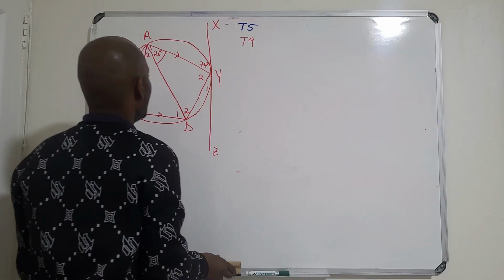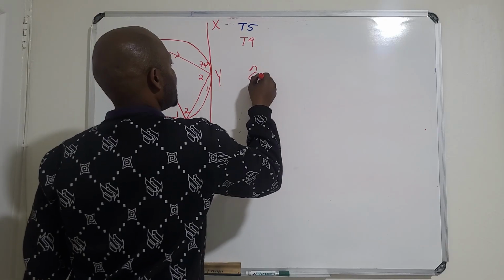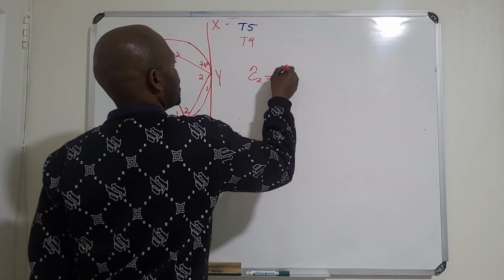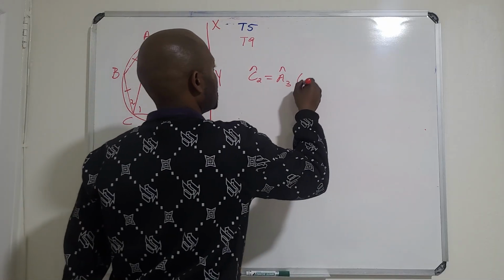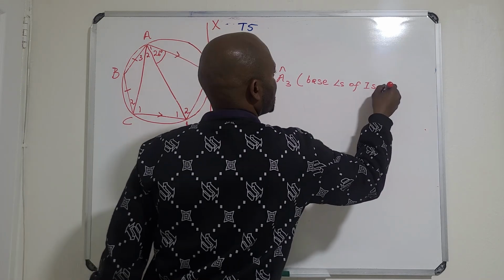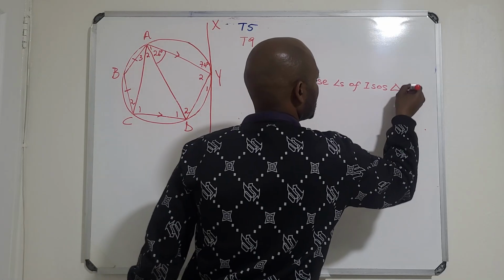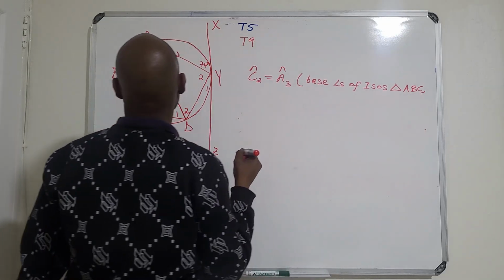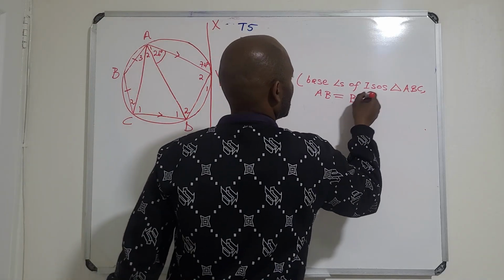Therefore, we must start by saying angle C2 is equal to angle A3. Reason: base angles of isosceles triangle ABC. Why are they base angles? Because AB is equal to BC.